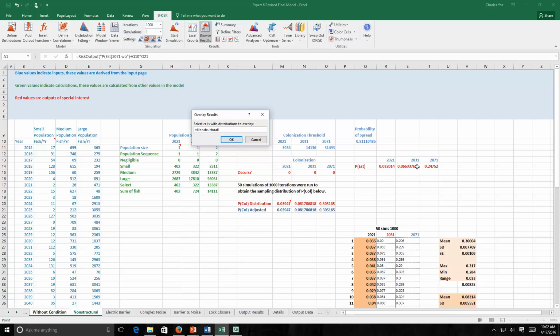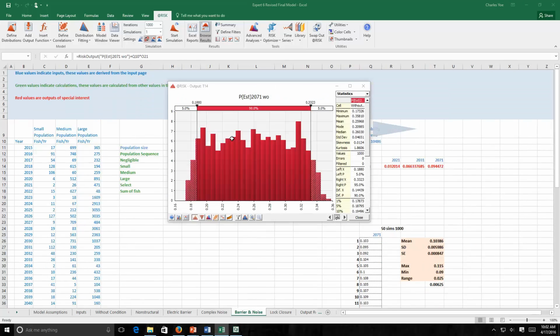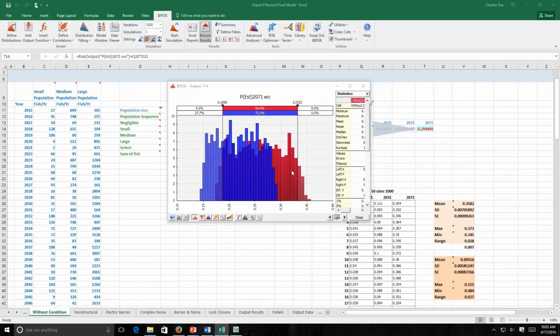So I go to the non-structural page, I go to the same value, click OK, and we see that the red distribution has slid to the left. That's a good thing. That means it's a lower probability. But it didn't slide too far, did it? So this is going to provide a bit of a challenge for decision makers to decide how much money you want to pay for this sort of effect.